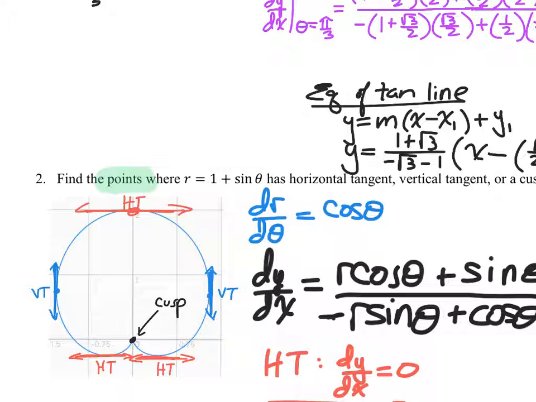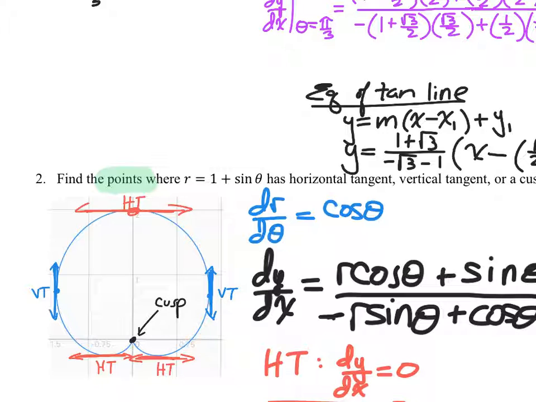Other people do. I don't care about other people. But when I say points, I'm really just looking for an indication of where those important characteristics are. So by stating 7 pi over 6, 11 pi over 6, you've given me enough. By telling me the angle, I know that you know what you're doing.